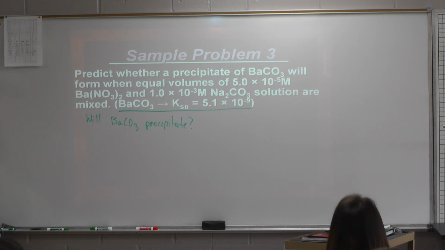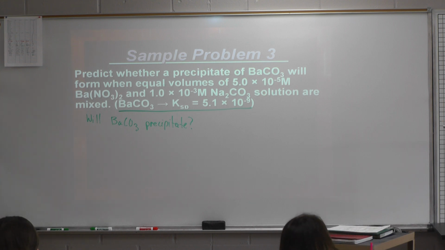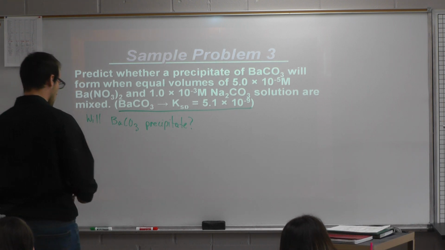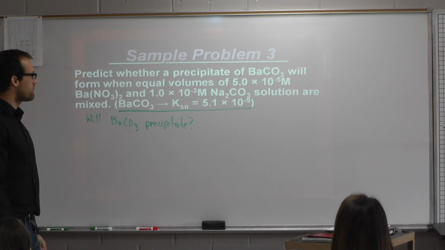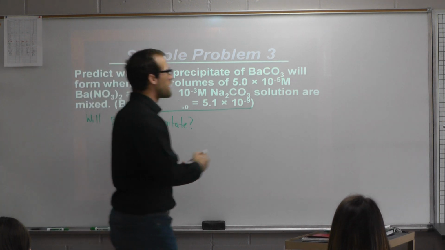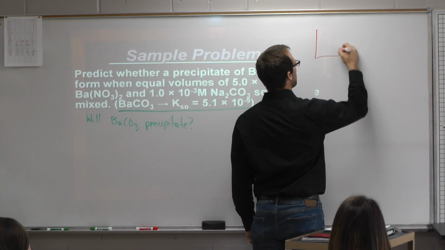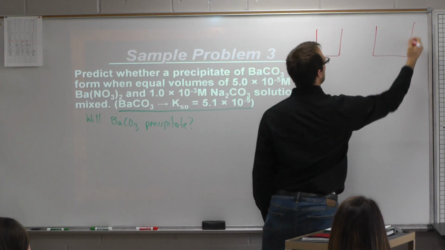So what is the question asking us to figure out? Will BaCO3 precipitate? I'm going to take this slow and give you some visuals here. Let's say we have two beakers.